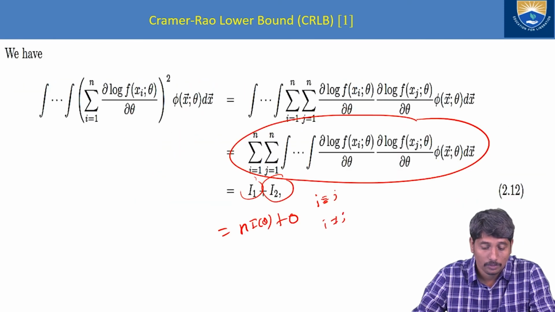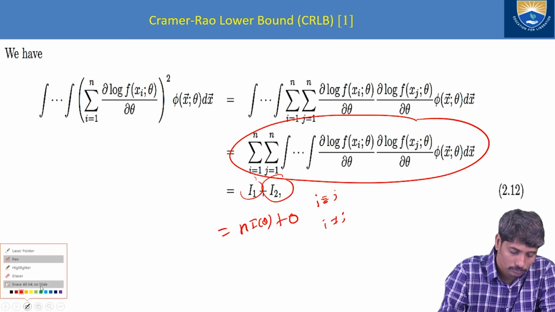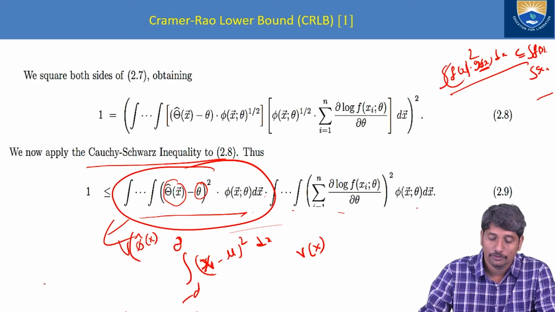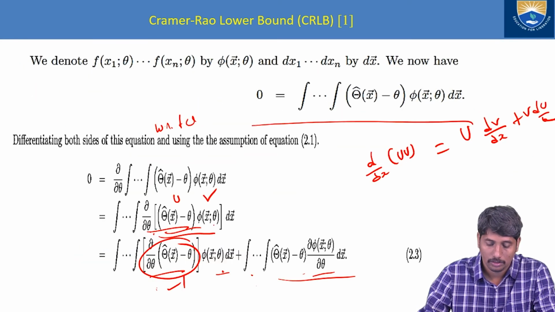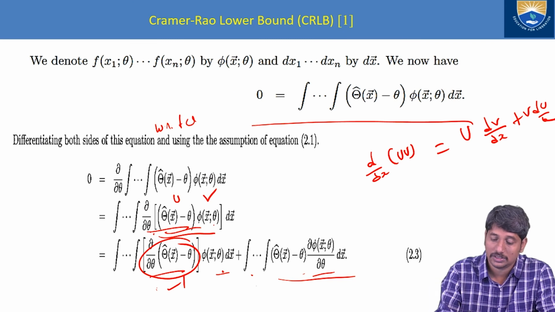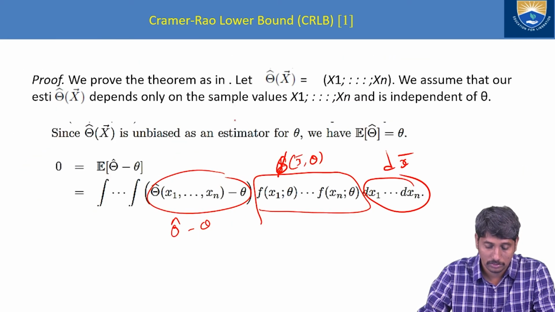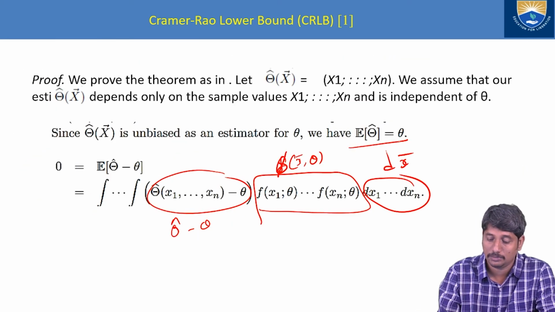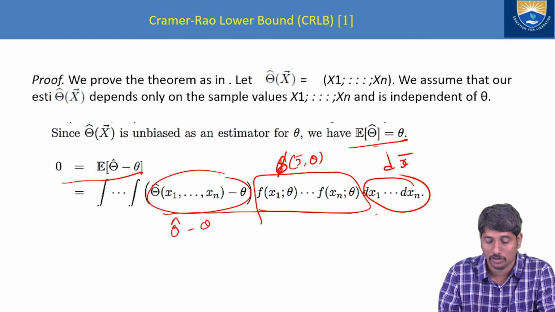Now, if we have a quick glance over the proof, we started with this because it is unbiased. We have this, and by writing the definition of expectation, we got this.